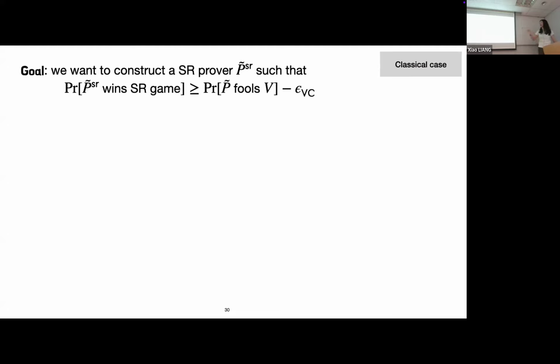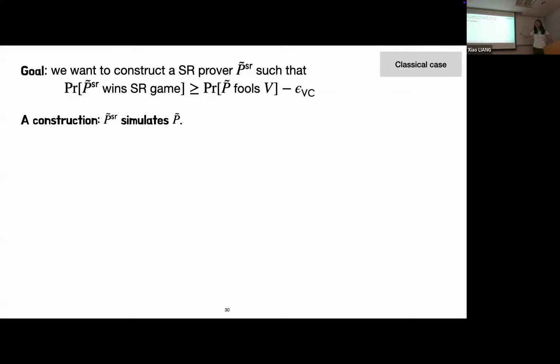Therefore, we need to construct a state restoration prover from the BCS prover, so that the probability that the state restoration prover we construct wins the SR game can upper bound the probability that the BCS prover fools the verifier, up to some vector commitment error, which we will define.